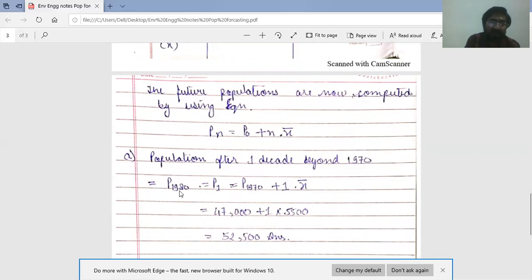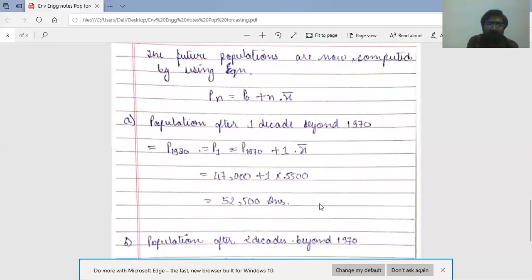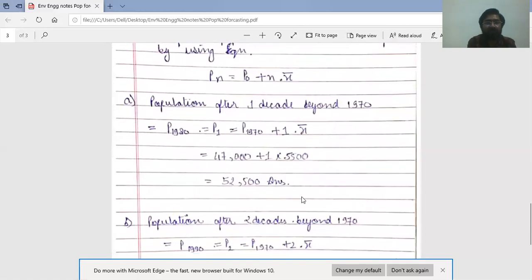Population in 1980: P1980 is equal to P1, is equal to P1970 plus 1 into X bar, where P1970 is P0. That is 47,000 plus 1 decade into 5,500, the average increase in a decade, is equal to 52,500. This is the population in 1980.